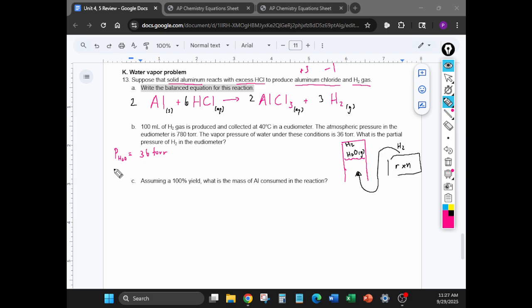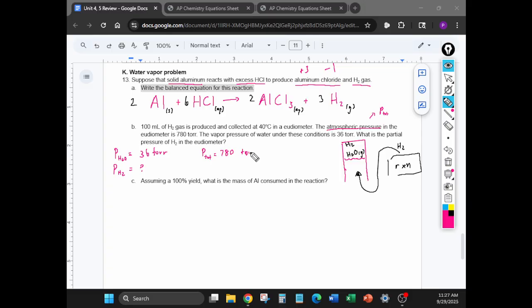Okay, and then the question is asking us for the partial pressure of H2. The last thing that we need to solve this is the atmospheric pressure. And if you guys remember, atmospheric pressure means the total pressure inside of our collection device. And so the total pressure, it tells you, is 780 torr.